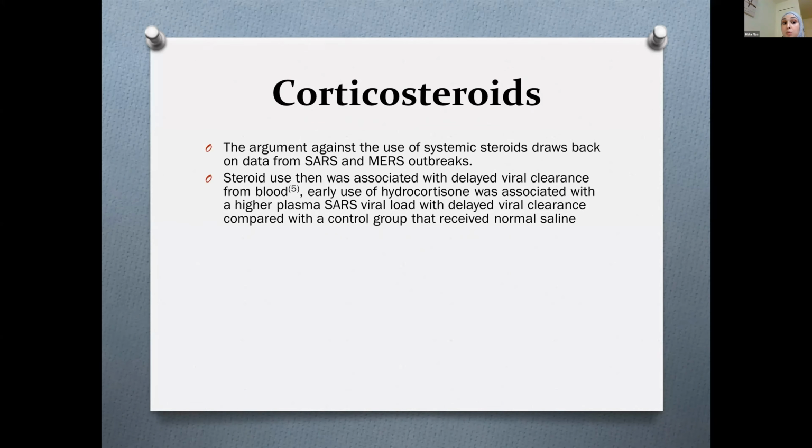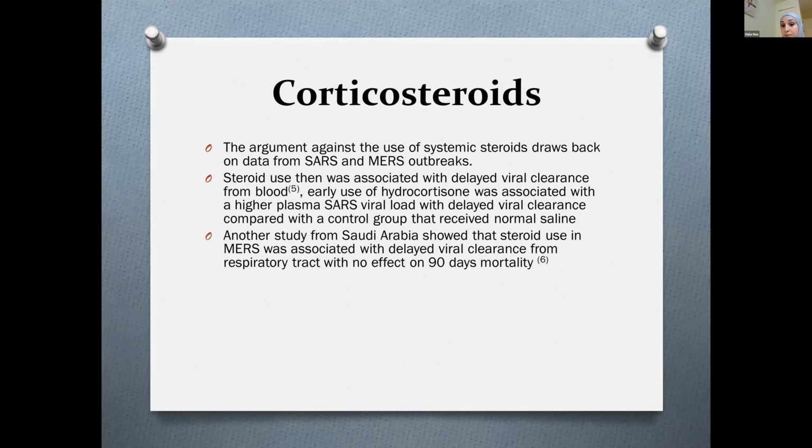It was associated with higher plasma SARS viral load and delayed viral clearance in comparison to a control group that received normal saline. Another study from Saudi Arabia showed that steroid use in MERS was associated with delayed viral clearance from the respiratory tract with no effect on 90-day mortality.